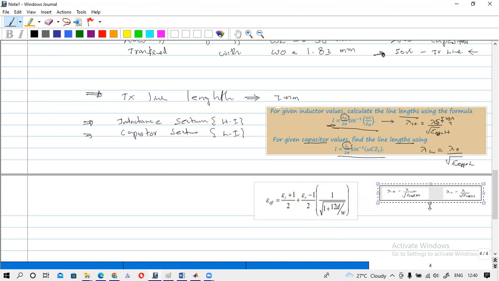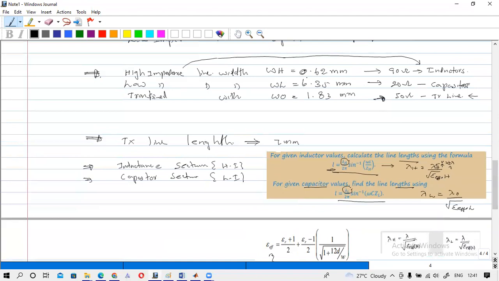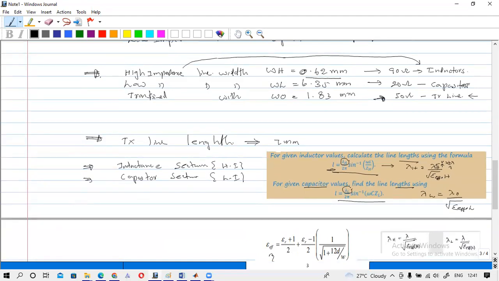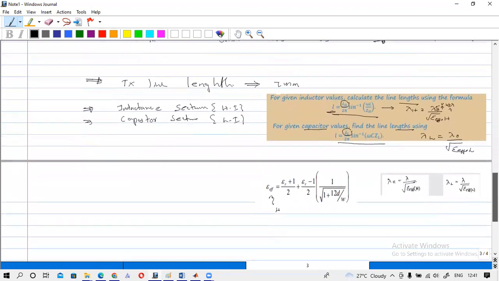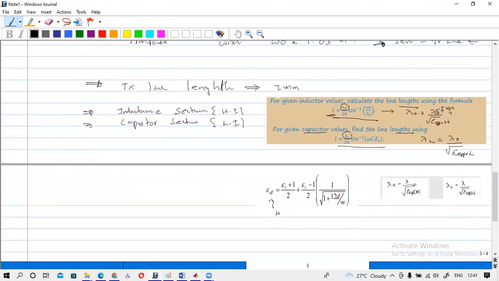First, you have to calculate the epsilon effective related to the high impedance line. Epsilon r you know, and the high impedance line width you know. What is the width? The high impedance line width is 0.62 millimeter. You have to convert this to meters and put this value here.